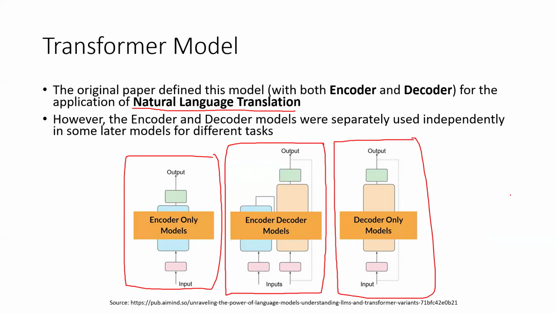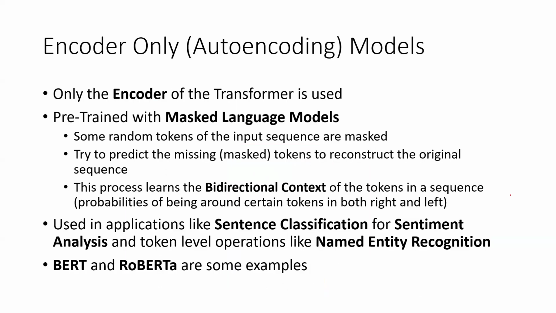So let's see what the different tasks are where we can use encoder-only models and decoder-only models. The encoder models are also known as autoencoding models. Autoencoding means encoder-only models can understand something, get its meaning, and encode it into a certain vector. That is the idea of using an encoder.